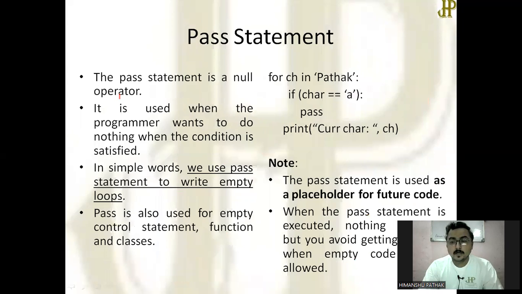And at last, this is the new thing which is generally not available in other programming languages, that is pass. Pass statement is a null operator. It is used when the programmer wants to do nothing when the condition is satisfied.